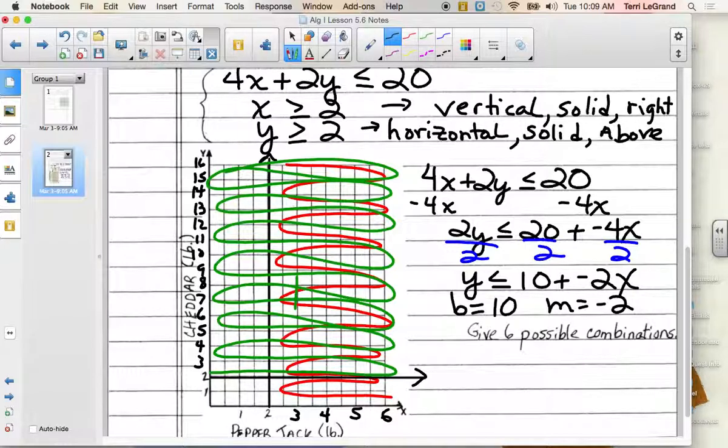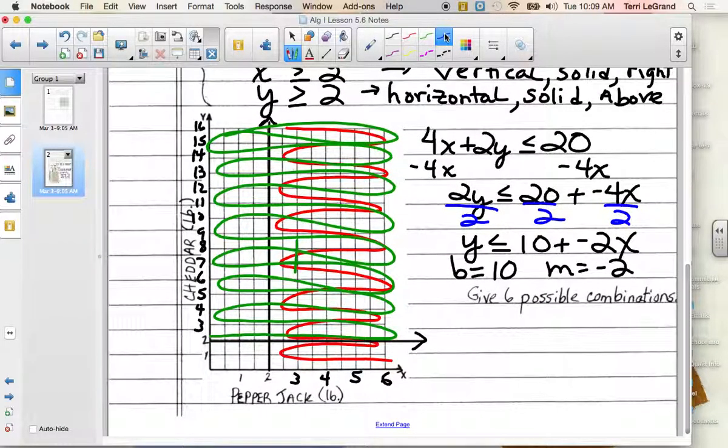Okay, and we're going to be really careful though because the scale on the axes does not match. It's going by halves on the x-axis and by ones on the y-axis. So when we're graphing this, we have to be careful. We start at 10 and put our y-intercept.